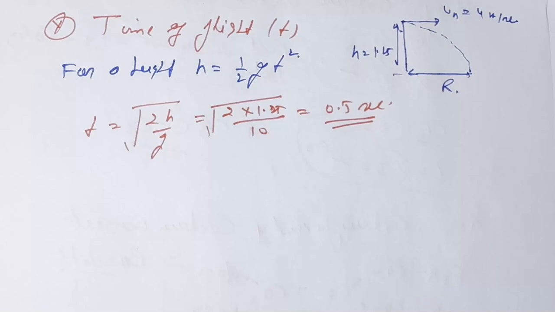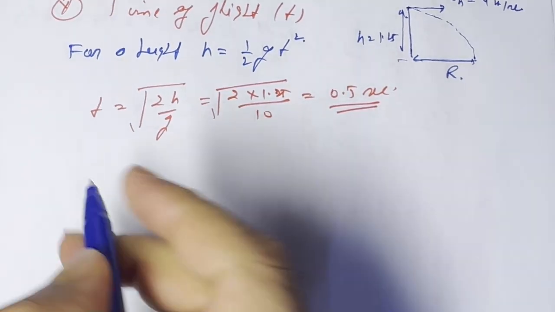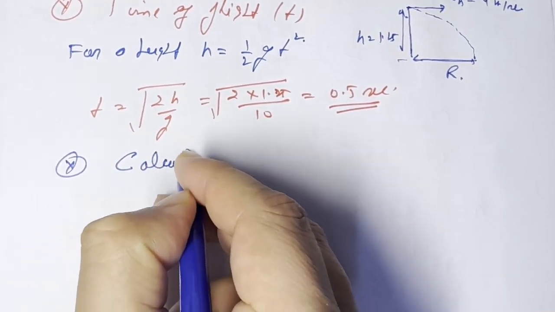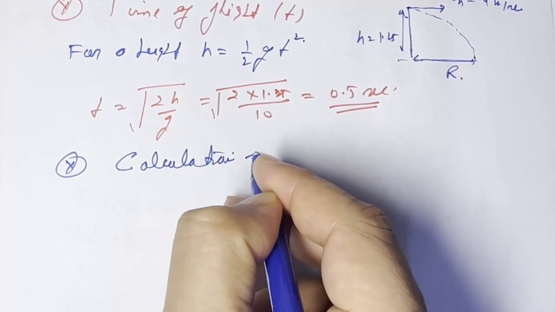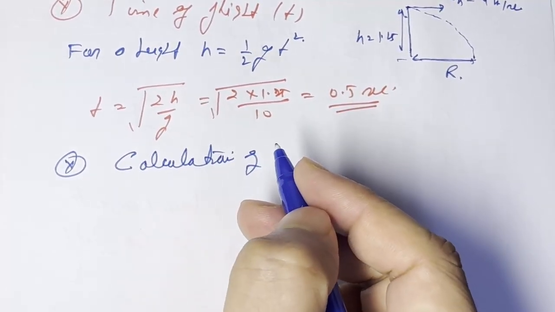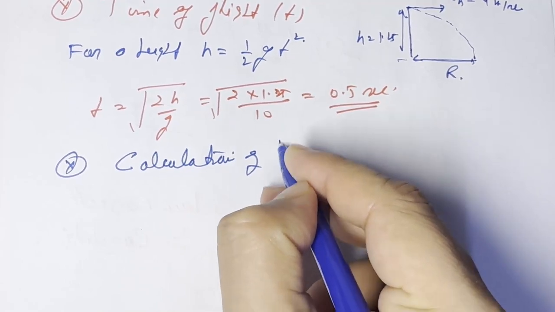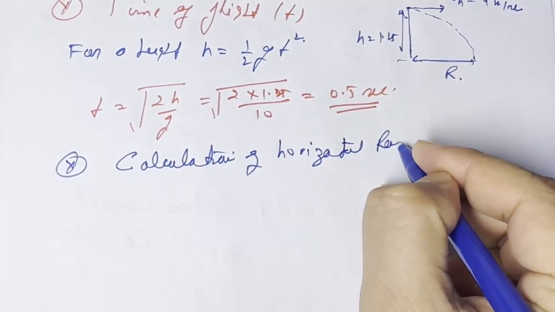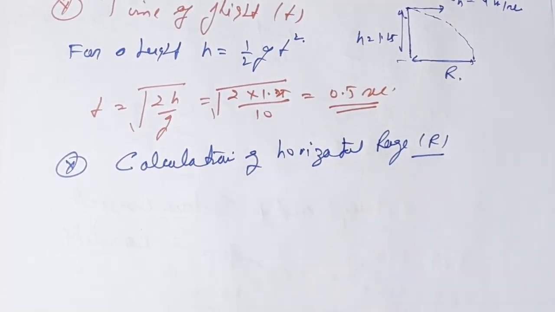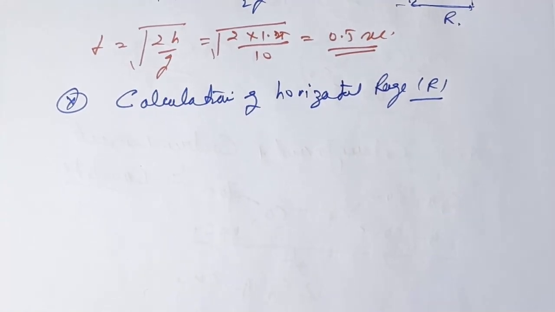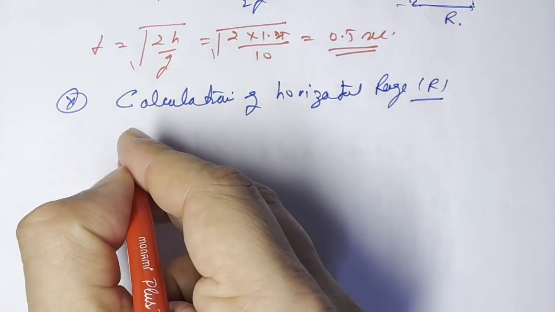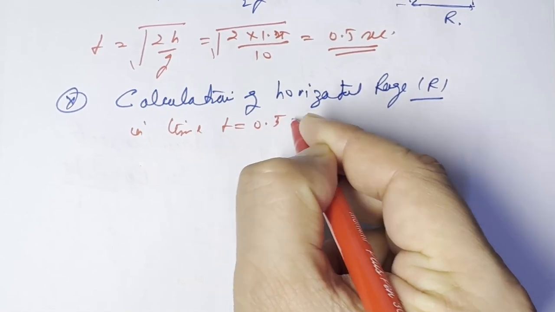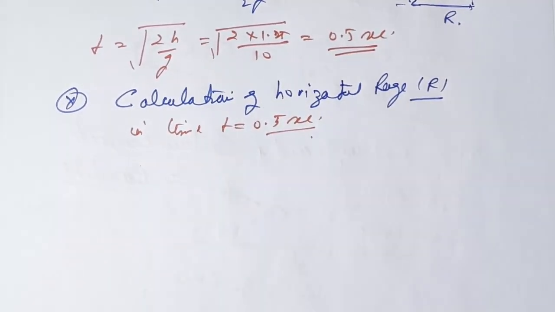Now we find the horizontal range, R, in time t equal to 0.5 seconds.